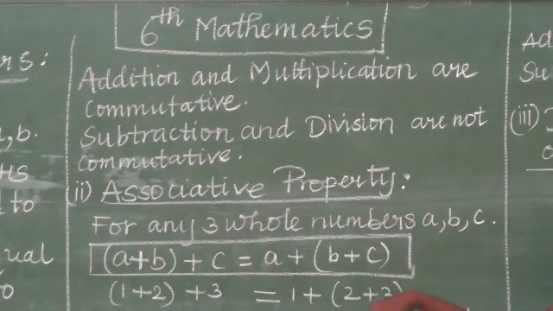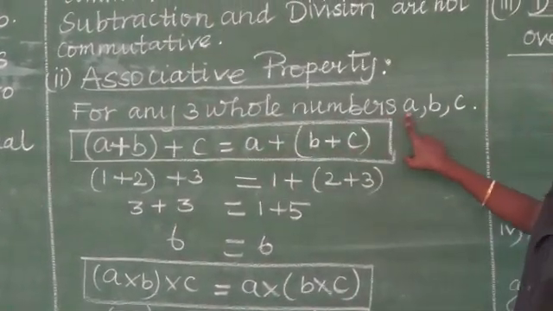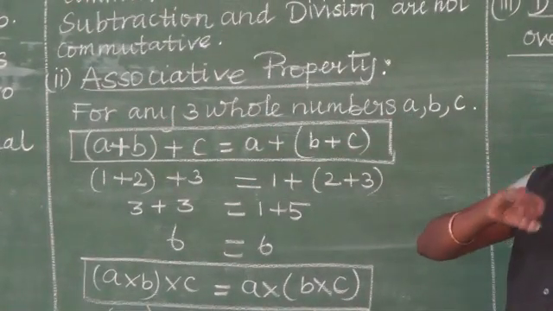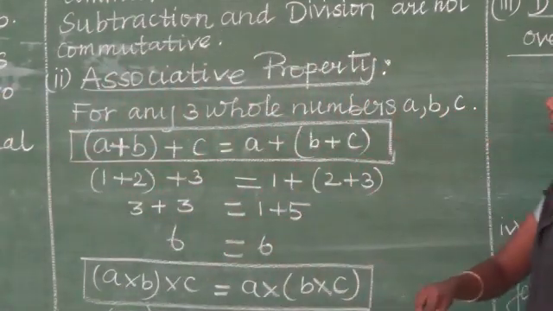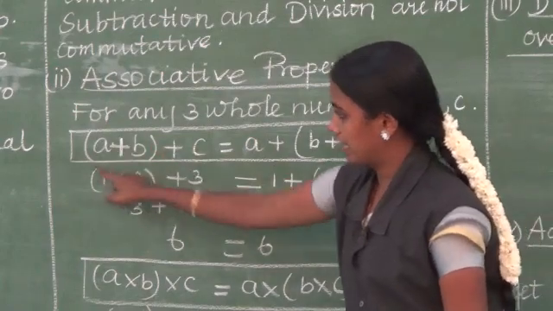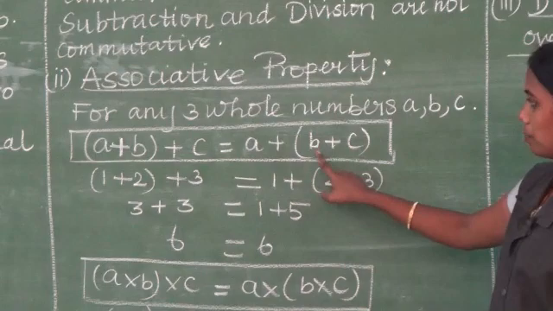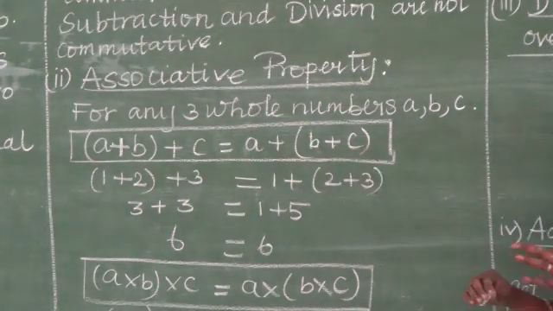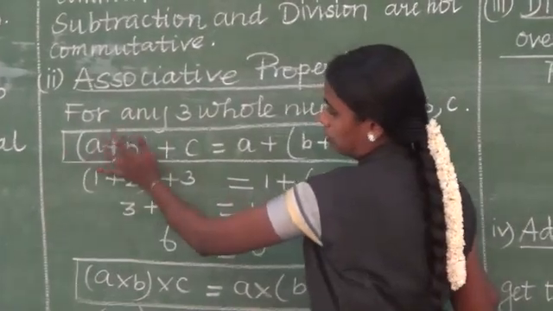Next property is the associative property, for any three whole numbers. How many whole numbers? Three whole numbers. The commutative property is for two whole numbers. Now listen: A plus B, in bracket, plus C equals A plus, in bracket, B plus C. We have three whole numbers, but here we put the bracket.